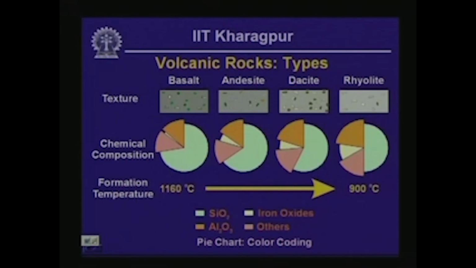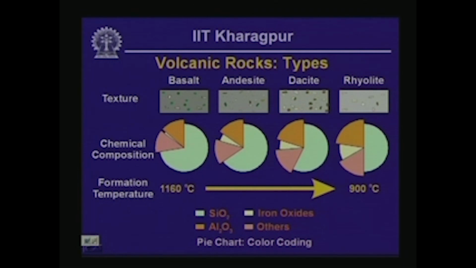Okay. Now, we try to look at the texture, chemical composition and formation temperature of different types of volcanic rocks. We look at the major categories of volcanic rock: basalt, andesite, dacite and rhyolite.